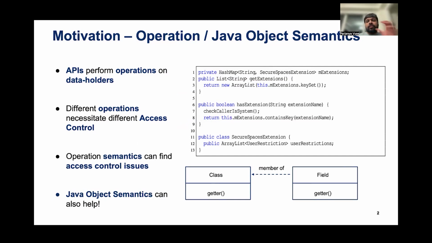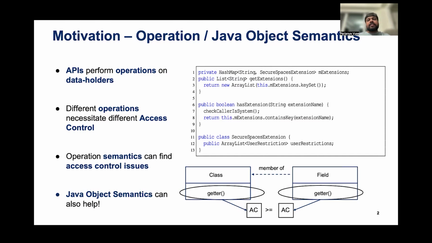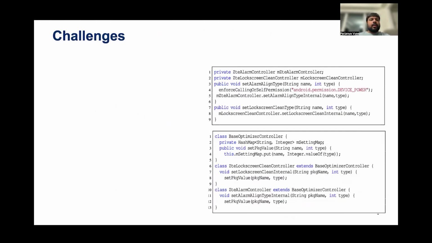Due to this membership relation between the class and the field, the getter API specific to the field and the getter API specific to the entire class object share an access control implication. That is, the class object getter should be at least as protected as the field getter. So this is another kind of relation that we can use to infer access controls on APIs.